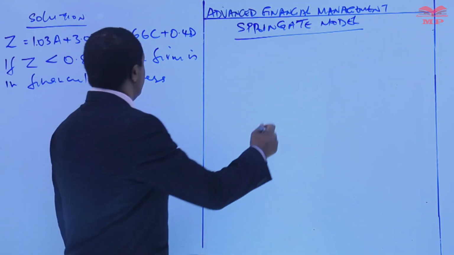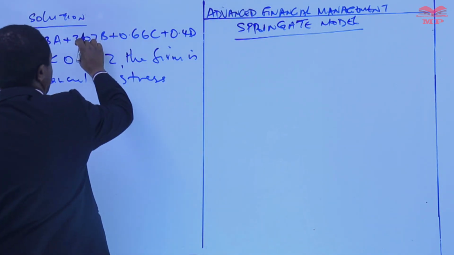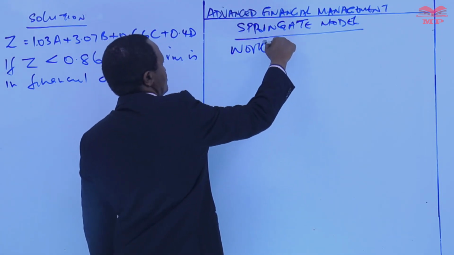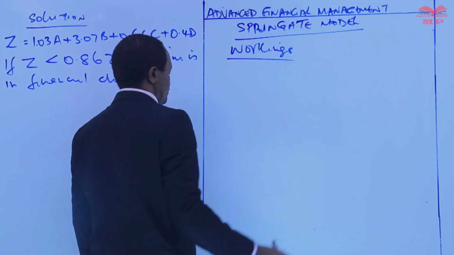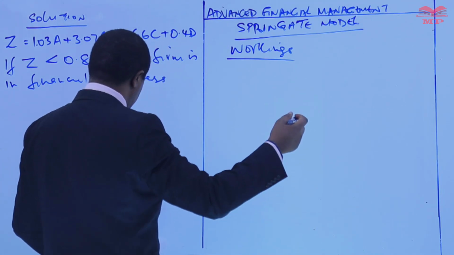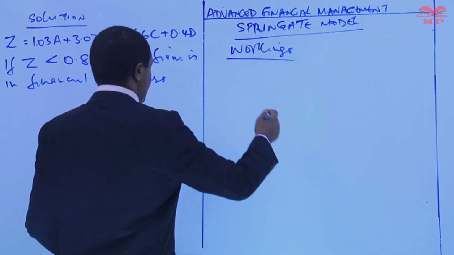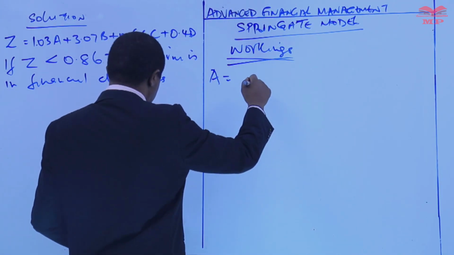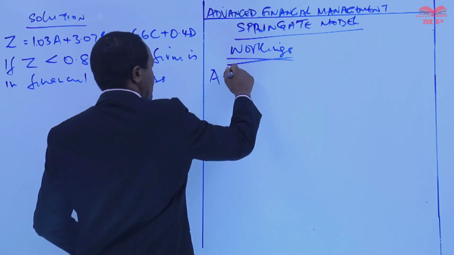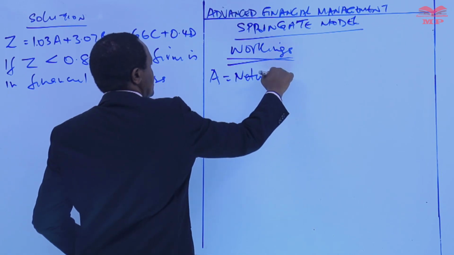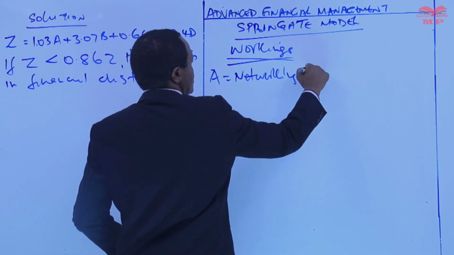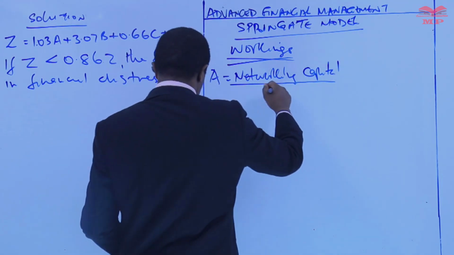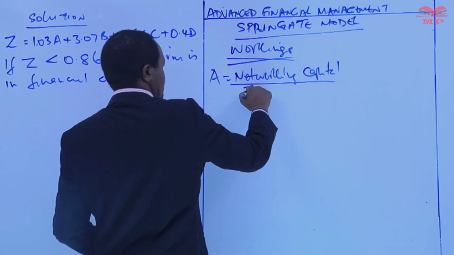Let's have workings here. Then we substitute the workings there. So first of all, we have to calculate A, and we are given the formula. For A, the formula is the net working capital over the total assets.